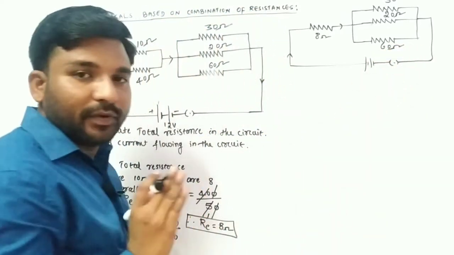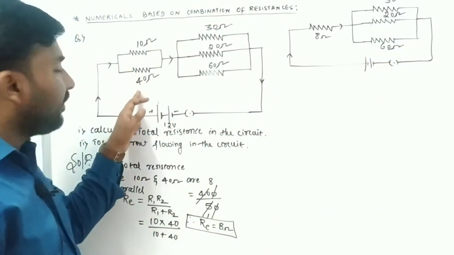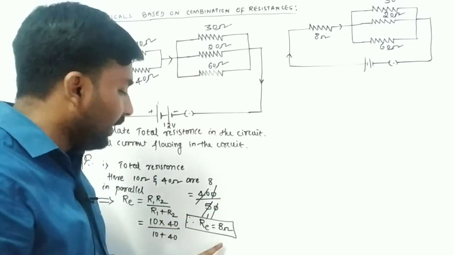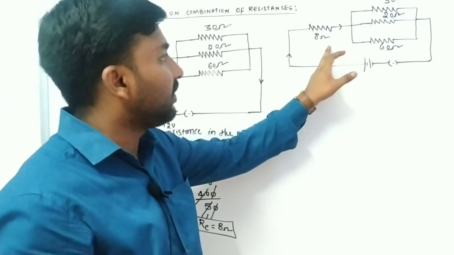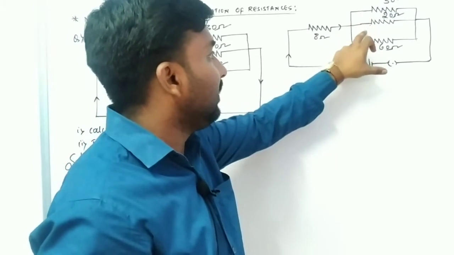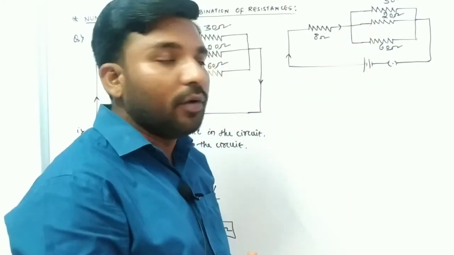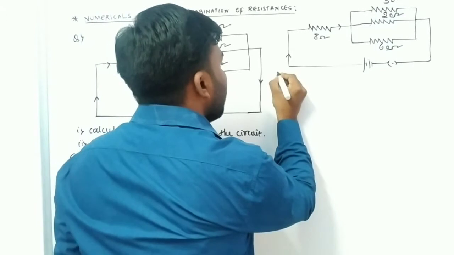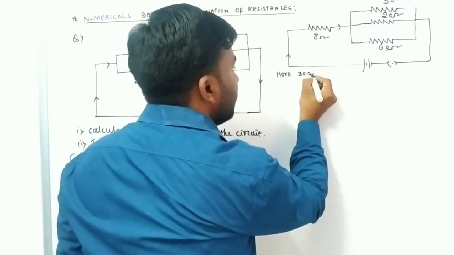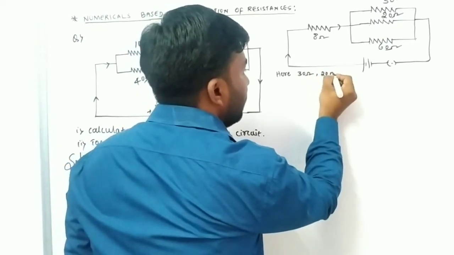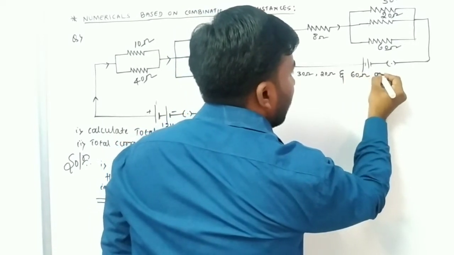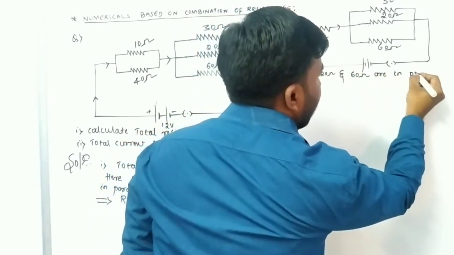So first what we have done, we have simplified the equivalent resistance for these two resistances, and we got 8 ohm, and we need to redraw the circuit diagram. Now you see here, these three resistors are in parallel combination. Here 30 ohm, 20 ohm and 60 ohm are in parallel.